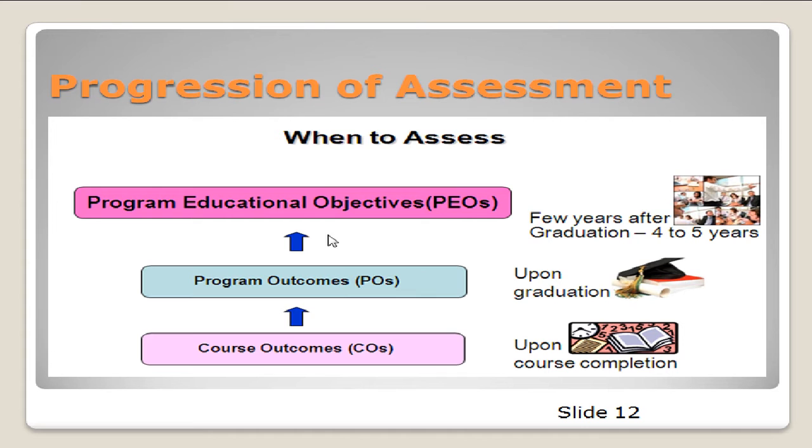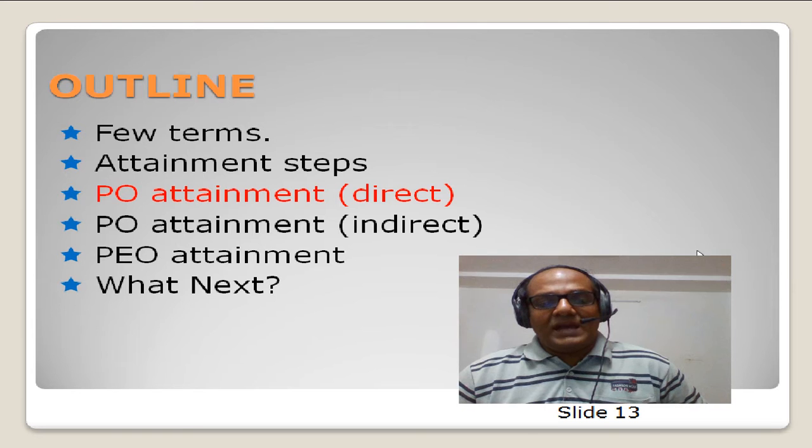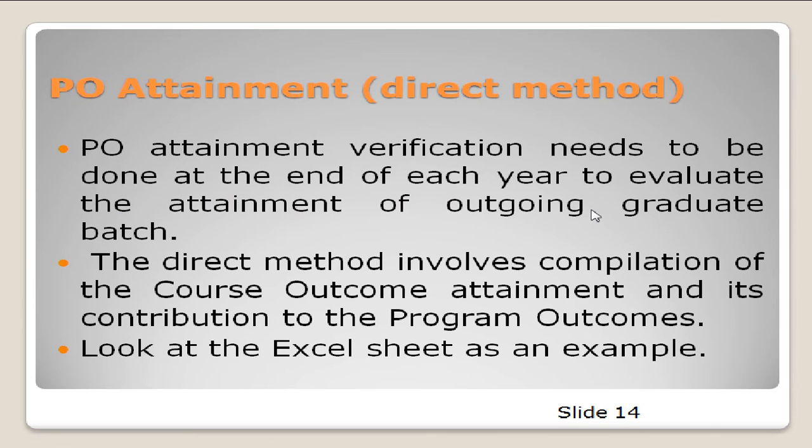These two are things that we are trying to see in this presentation up to some extent. The remaining study, we expect each faculty member does on his own. Okay, we'll see a direct method of PEO attainment, how it is done, in perhaps 5 minutes or so.